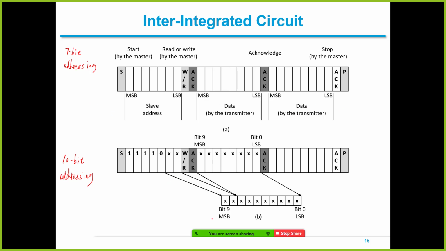For the 10-bit addressing mode, it is different here. You can see that the first bit is still the start bit. Following this start bit, we have five bits, and you can see the values are fixed: 1, 1, 1, 1, 0.